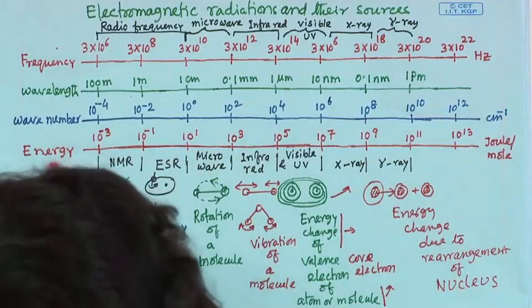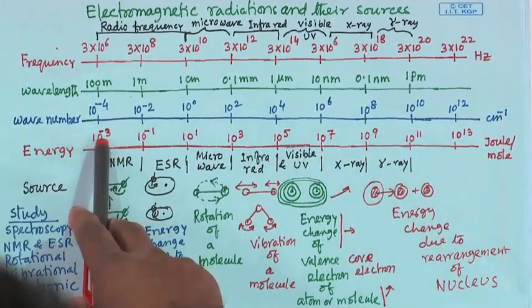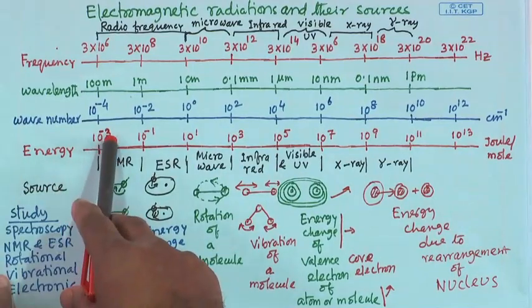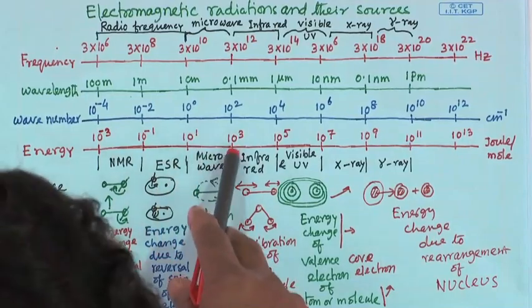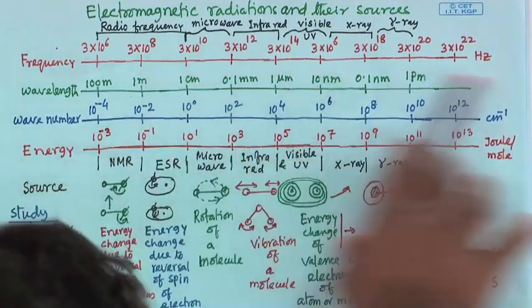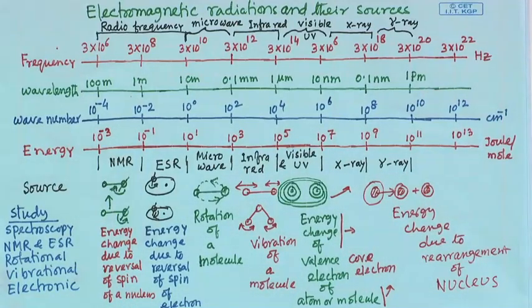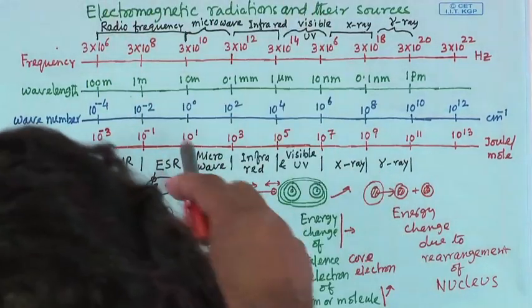And energy is in joule per mole. The scale is 10 to the power minus 3, 10 to the power minus 1, 10 to the power 1, 10 to the power 3, 5, 7, etc. Okay. So, this way I have taken the scale.